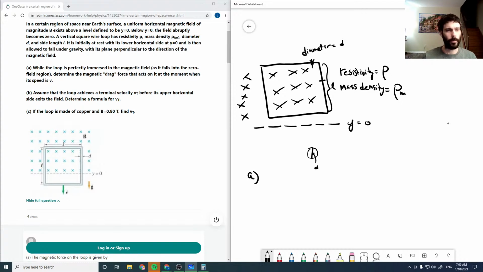While the loop is perfectly immersed in the magnetic field as it falls, determine the drag force on it at the moment when its speed is v.